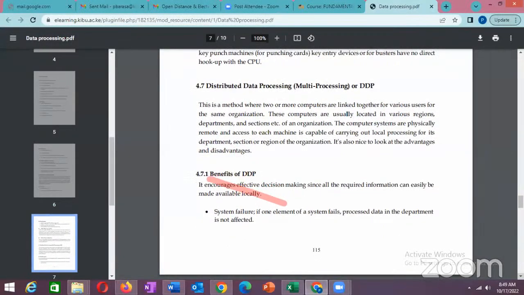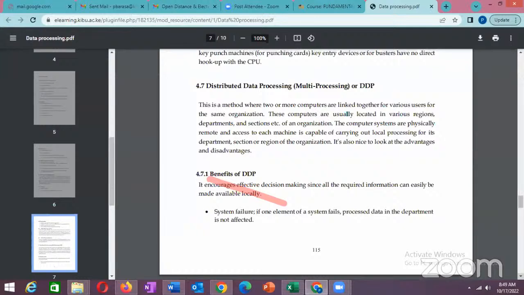So this is a method where two or more computers are linked together for various users for the same organization. The computers are usually located in various regions, departments, and sections of an organization. The computer systems are physically remote, and each machine is capable of carrying out local processing for its department, section, or region of the organization.